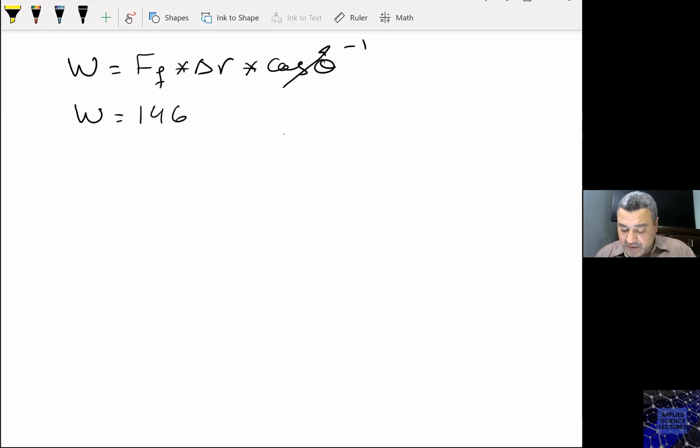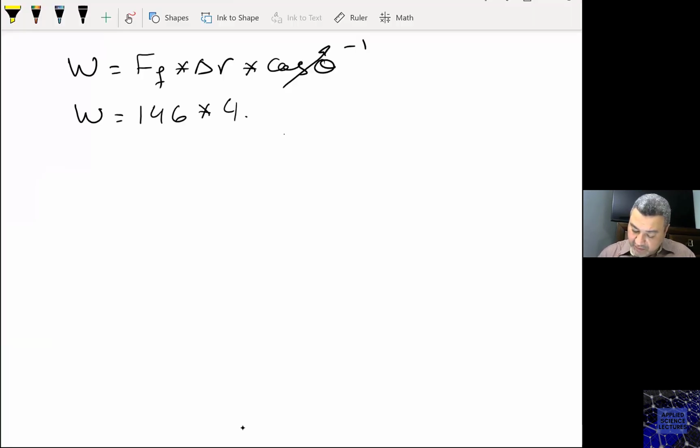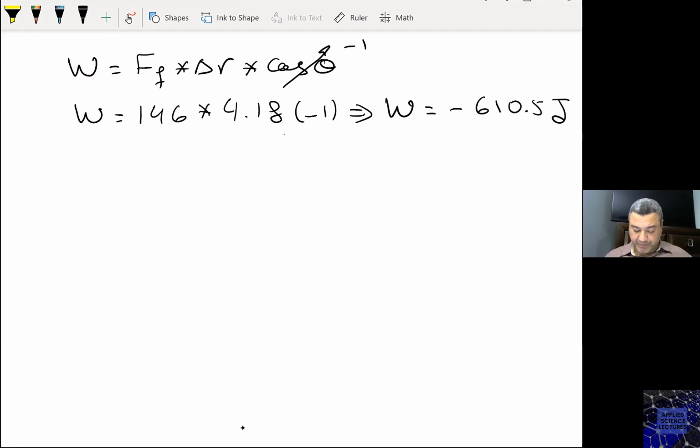So 146 times 4.18 is minus 610.5 joules. So this is the work that has been done due to the frictional force.